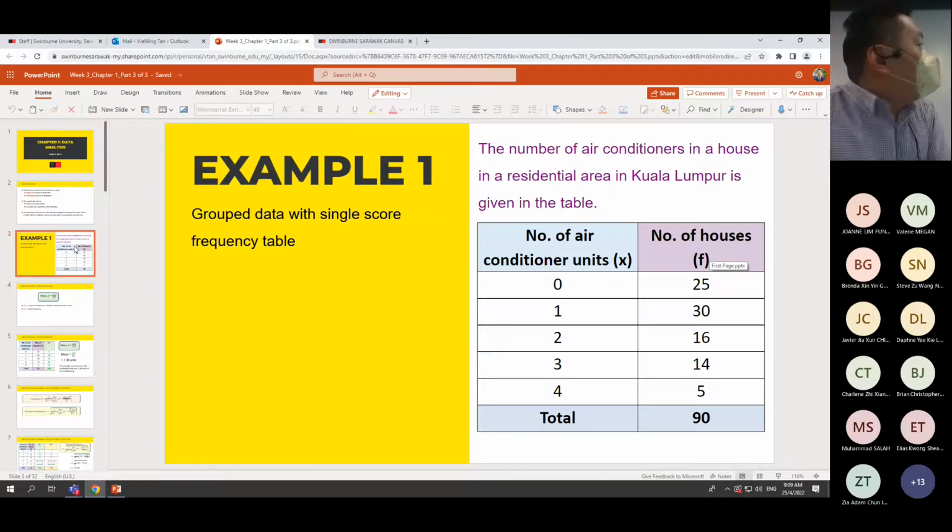So let us analyze the frequency table. This is the number of air conditioners in a house in a residential area in Kuala Lumpur.